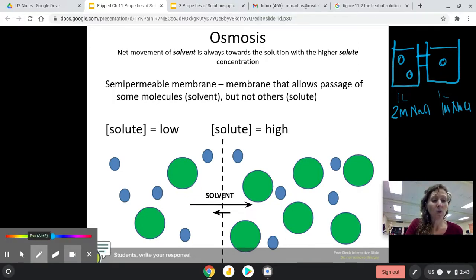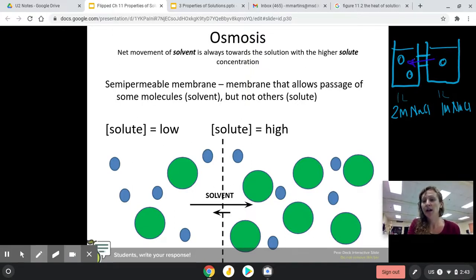And so our water in this scenario is going to flow toward the left, and it's going to fill up, hopefully, a larger beaker, until the concentration of the two beakers is equal. So this is osmosis. Water flow will always occur toward the side of higher concentration until the concentrations are equal.